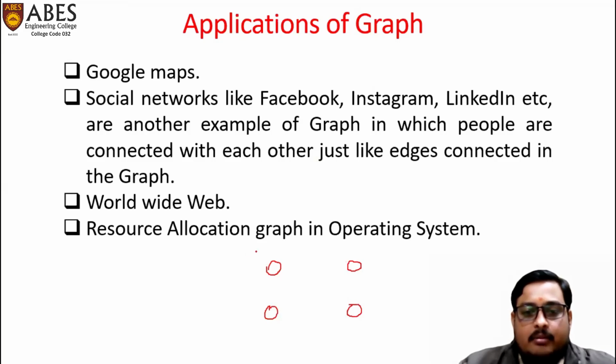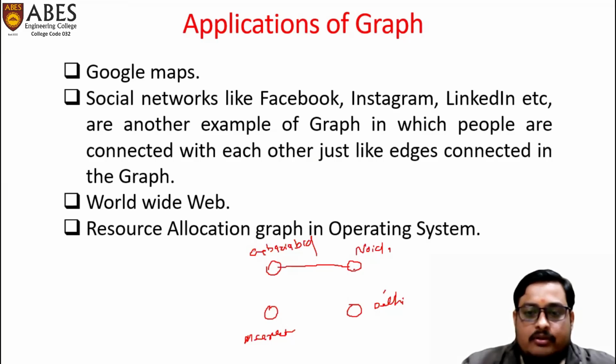Like this, we have Ghaziabad, Noida, Delhi, and Meerut. We have these cities, and we can have connections or paths. Is there any direct path between Ghaziabad and Noida? Yes. Noida to Delhi, yes. We have Ghaziabad to Meerut. Like this, we can choose.